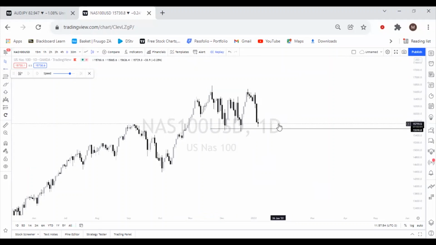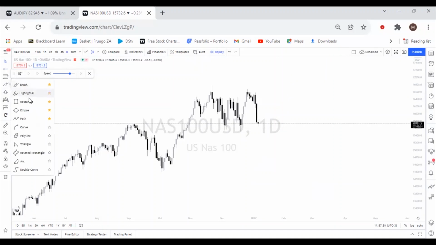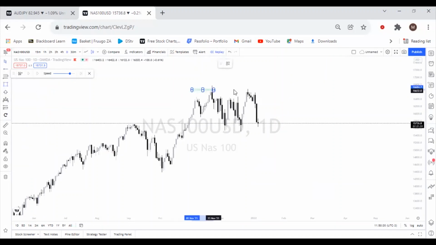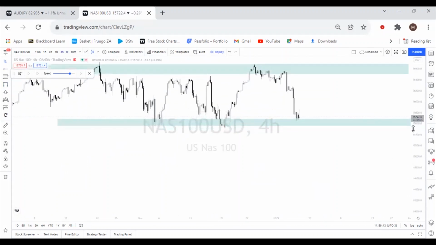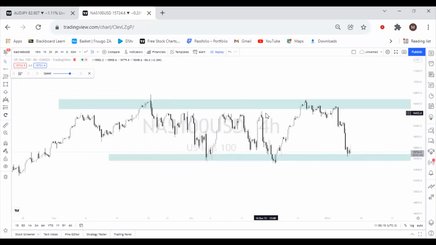But then with this one, I prefer to use blocks instead, like zones. I'd have this and have that. So you can see Nasdaq is kind of like moving in a channel. It is corrective. It has been corrective for a while now.